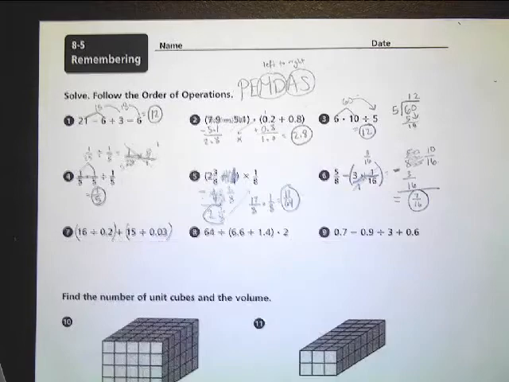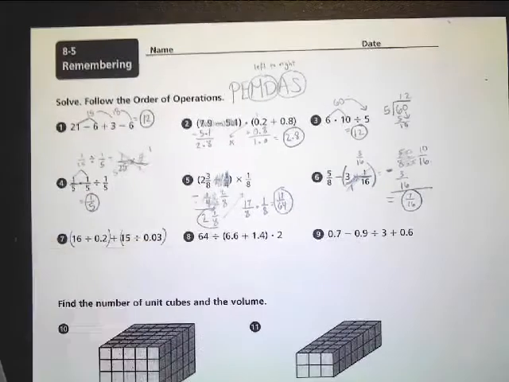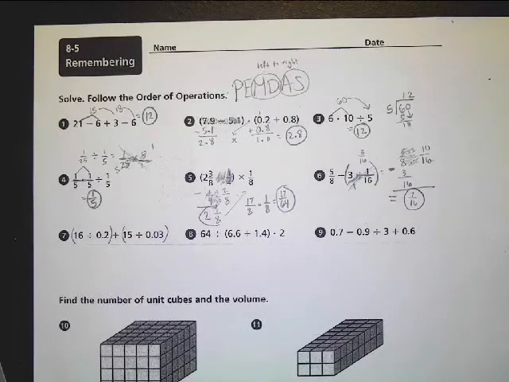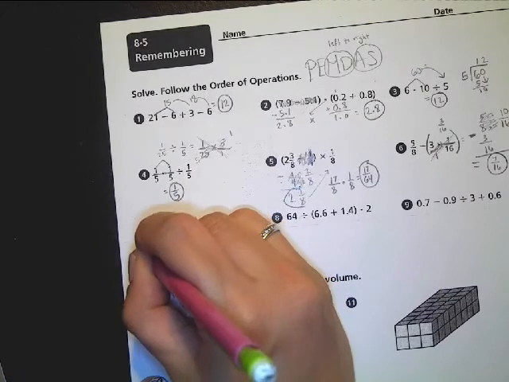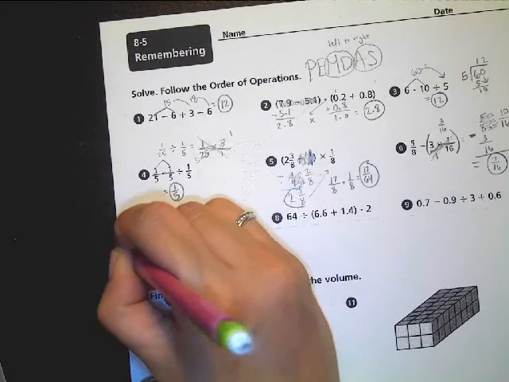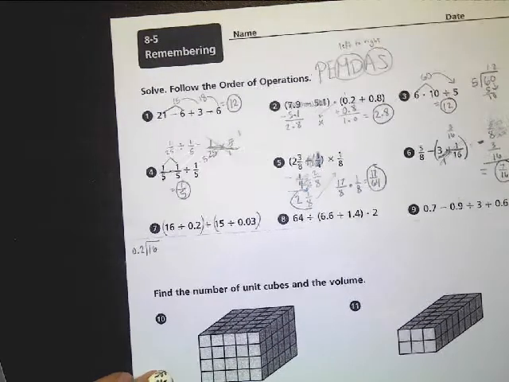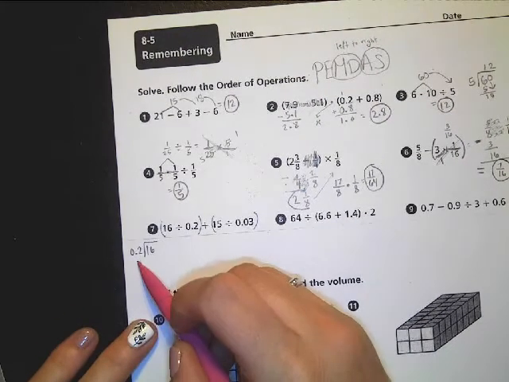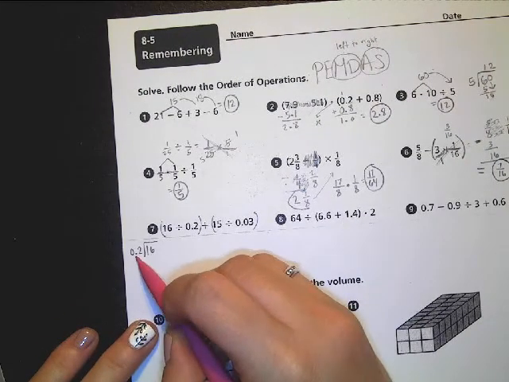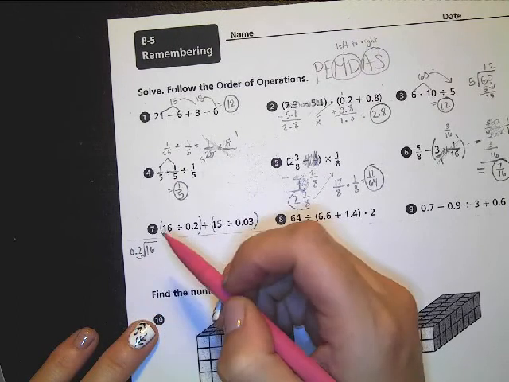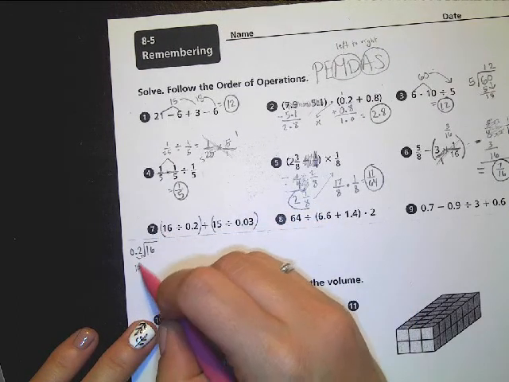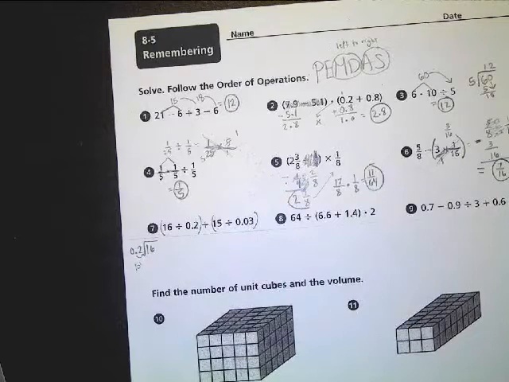Number 7. Whoa. Divide, add, divide. What comes first? Divide. Well, and there's 2 divisions, so you technically have to do that. You have to do 2 sets of division, and then you can add them together. Okay. 16 divided by 0.2. Looks like this. 16 divided by 0.2.